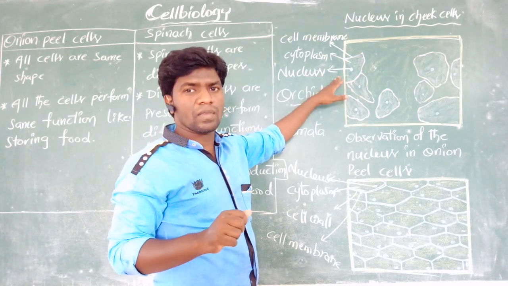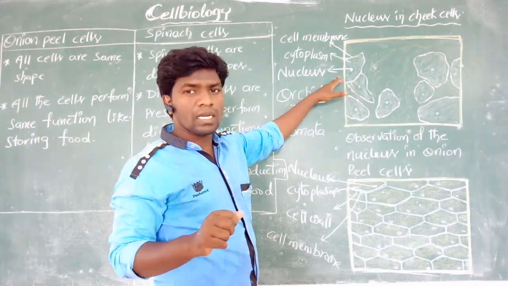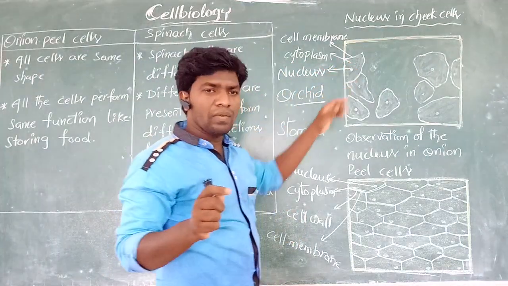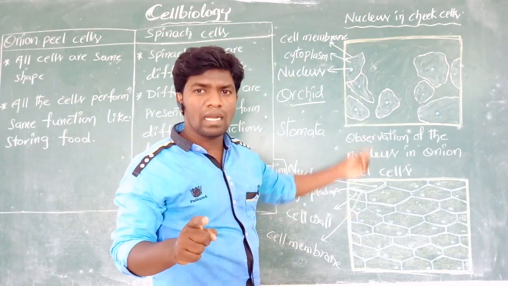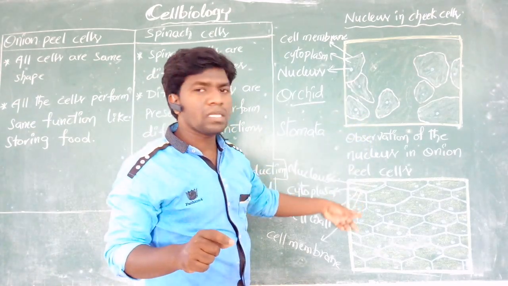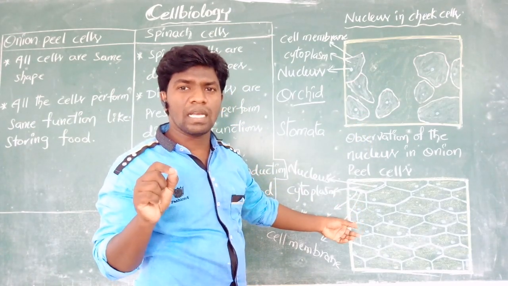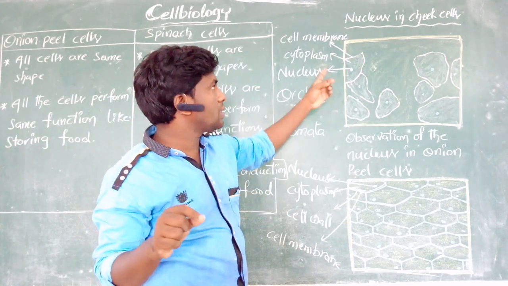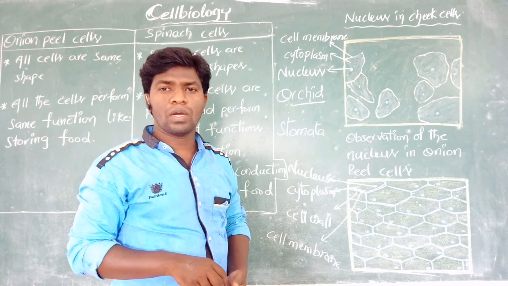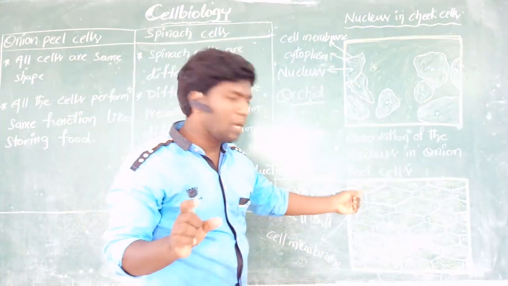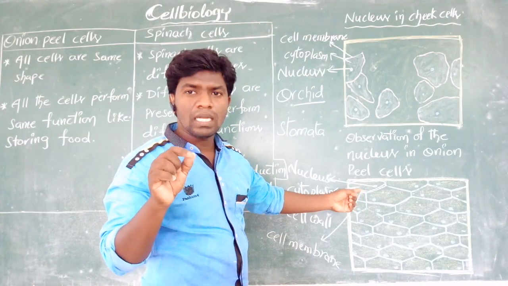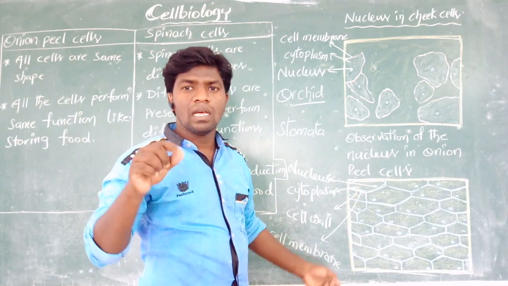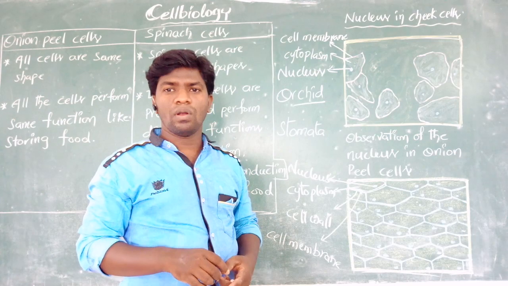When we compare plant cells and animal cells, plant cells have a clearer boundary than animal cells, because over the cell membrane another layer is present in plant cells, known as the cell wall.